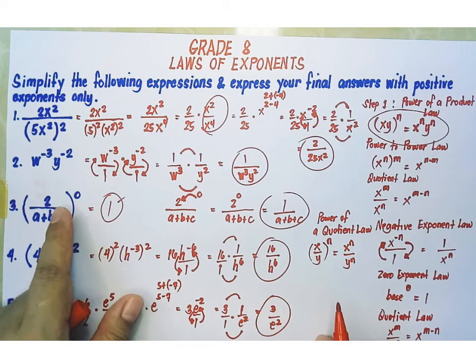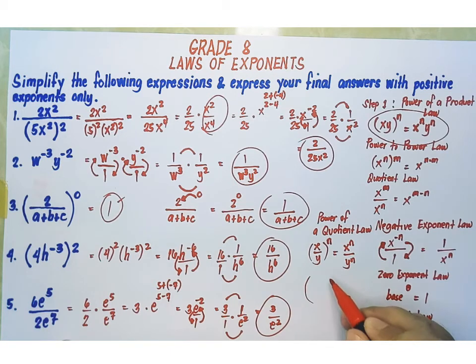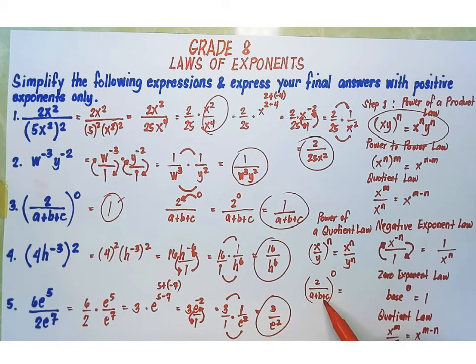So if we're going to apply the power of a quotient law to number 3, 2 over a plus b plus c raised to 0, we raise each part of the quotient to that power. So, ang first part mo is the numerator. It's 2 raised to 0. Your second part is the denominator. You have the sum of a, b, and c raised to 0.